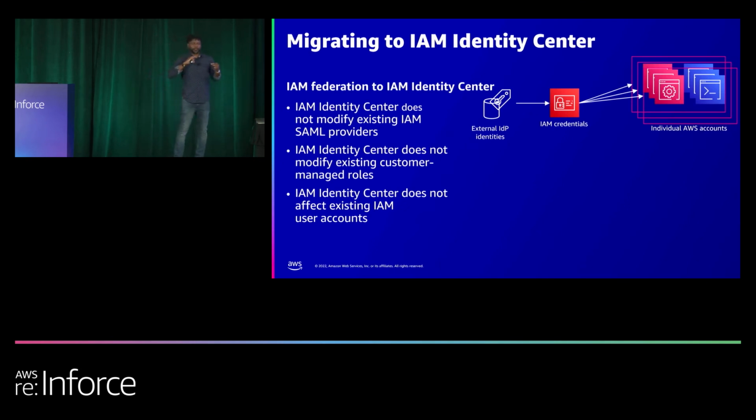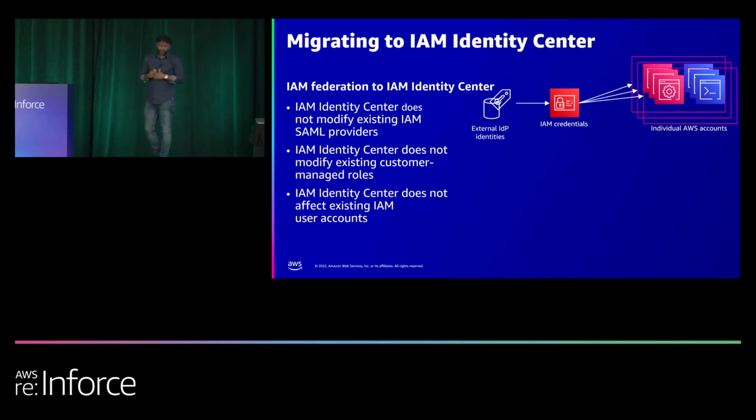It does not disable the use of your IAM users. It does not destroy or remove any of the roles or policies that you have created in your accounts. So it is very easy to set these things up in parallel. If you just wanted to experiment with IAM Identity Center, it is completely fine to do this without breaking anything. It's just setting up another way of accessing your AWS accounts.